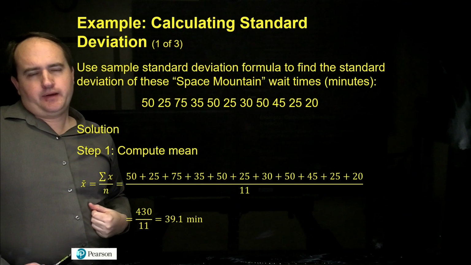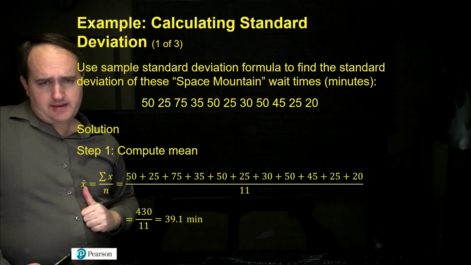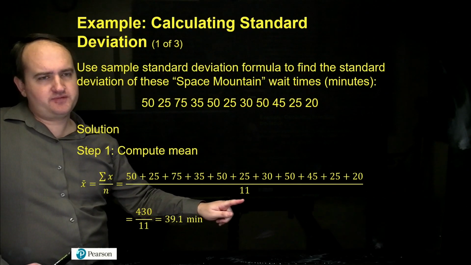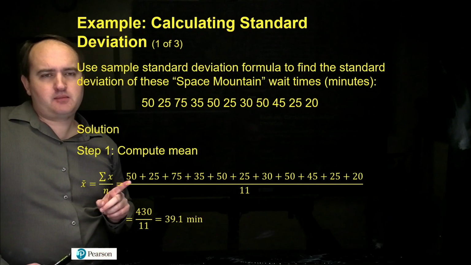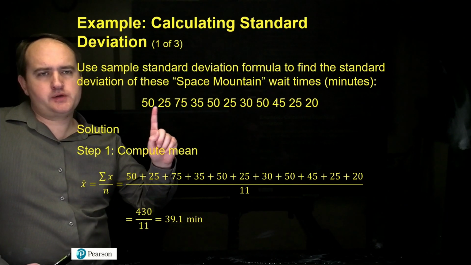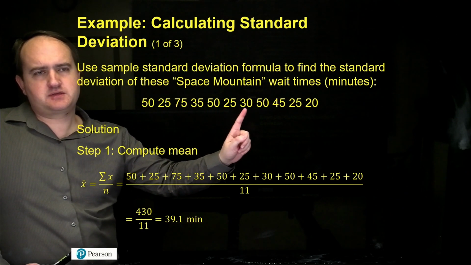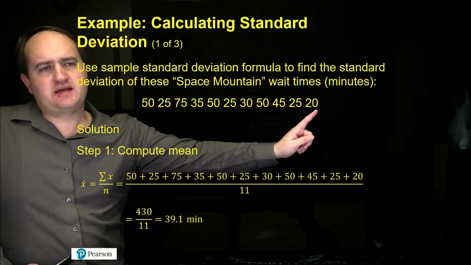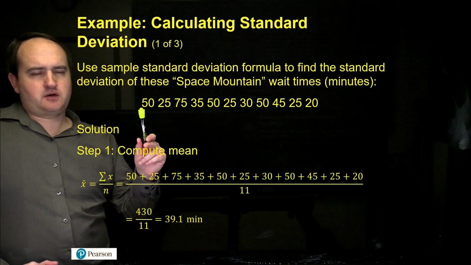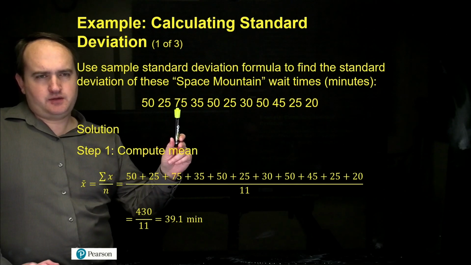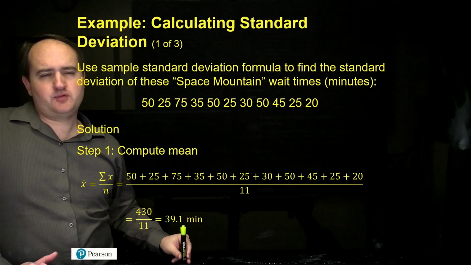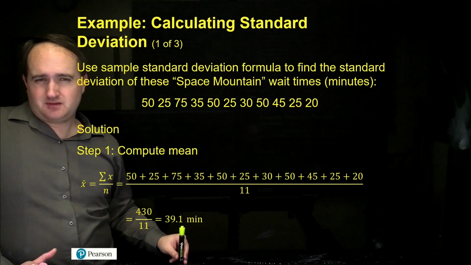So x bar is the sum of all the data values divided by the number of data values. When you add them all up, in the numerator you get 430, and then there's a total of 1, 2, 3, 4, 5, 6, 7, 8, 9, 10, 11 data values, so you divide by 11. Because our original data values were to 0 decimal places, we round the mean to 1 decimal place.